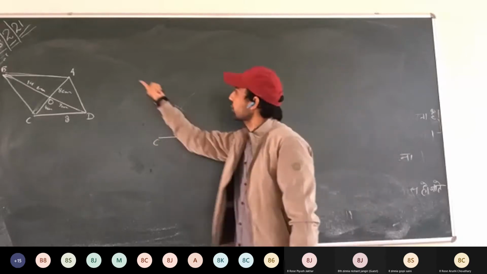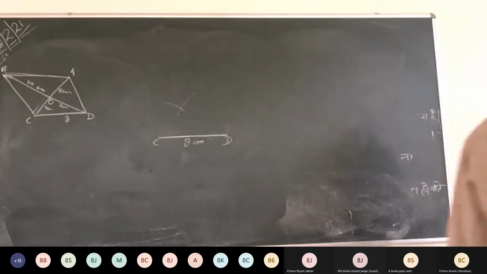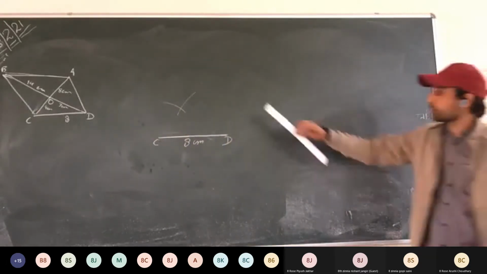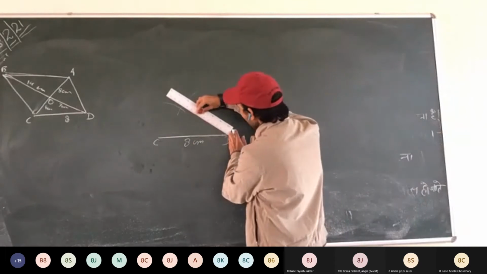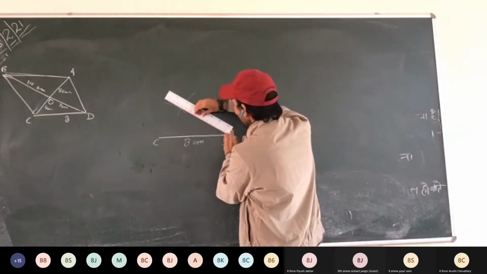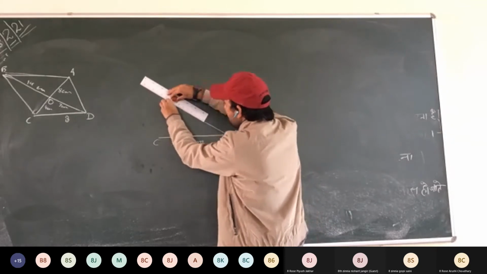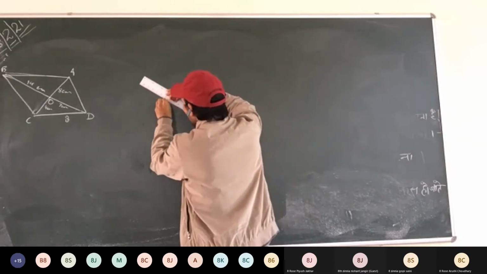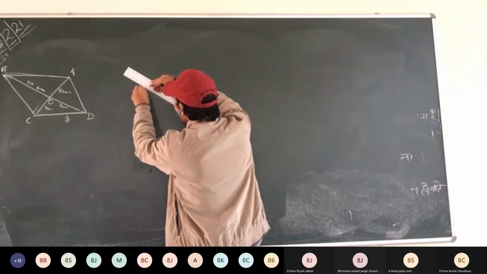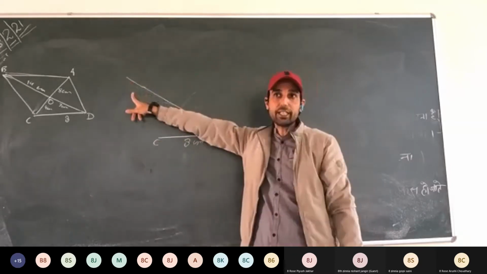Now see here, we have to draw this line more because point B as well we have to locate. So take your scale, because this length has to be 14 centimeters.